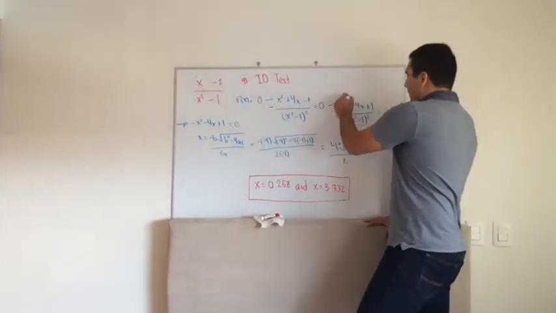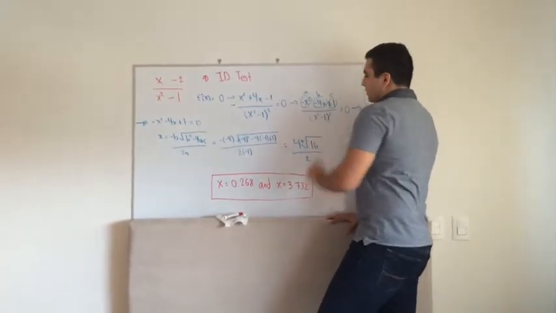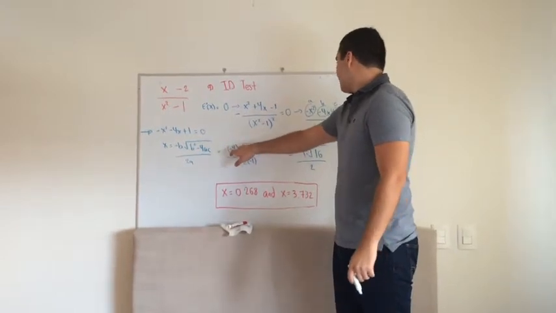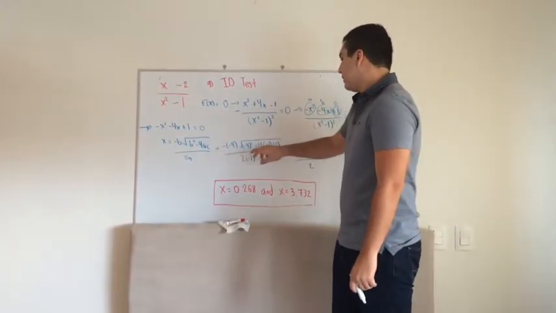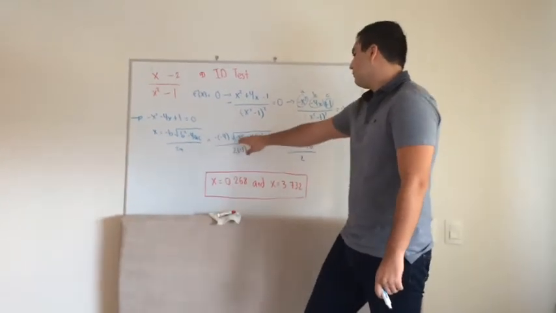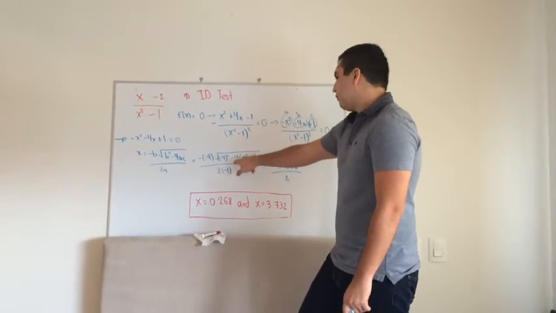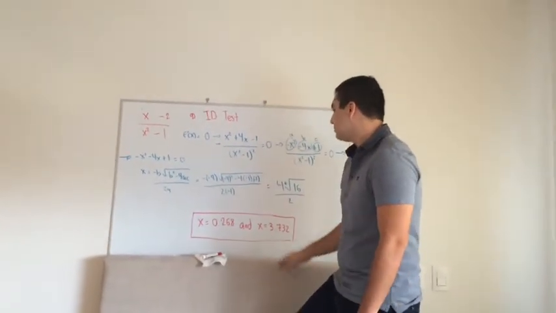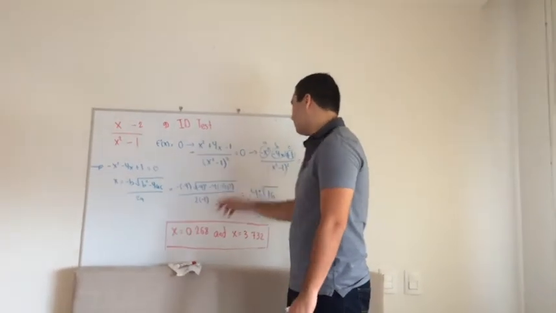So this one is a, this one is b, and this one is c. So the first one is minus b, so minus, and the second one is minus 4, so we put minus 4. Then the square root of b, that is minus 4 squared, minus 4 times a, that is minus 1, times c, that is 1. All of this over 2 times a, that is minus 1.